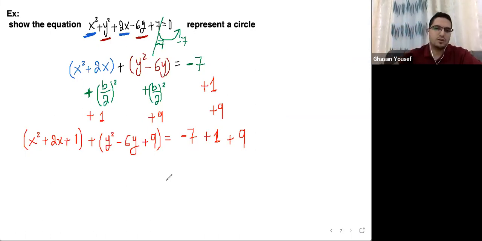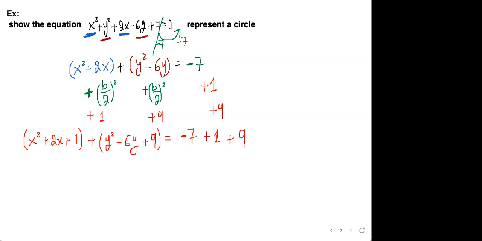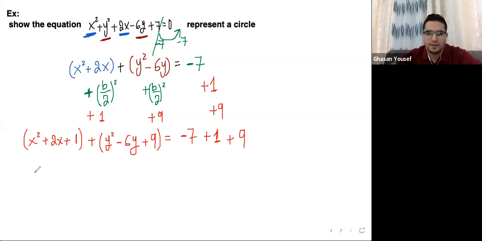Okay, so now we're going to factor. What is the factor for this one? X plus 1 times x plus 1, or I can say x plus 1 squared. This is correct. Plus, what is the factor for this one?